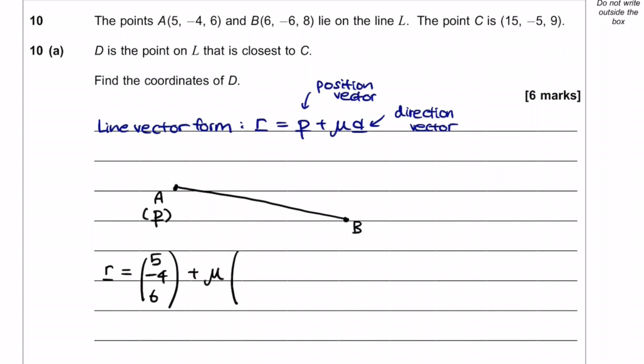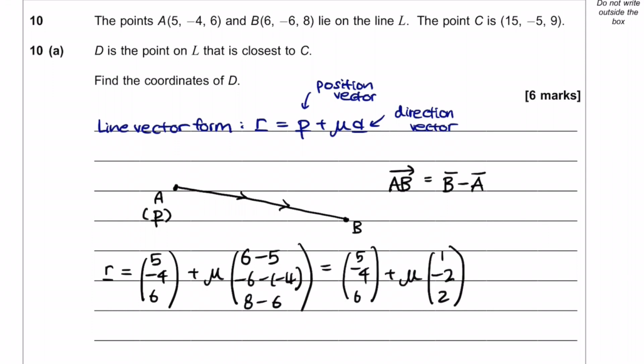In order to get the direction vector, we want the line that extends from A towards B, so we subtract the position vector of A from the position vector of B. The x part of B is 6, the x part of A is 5, and you repeat that, which becomes this. So this is the equation for line AB.